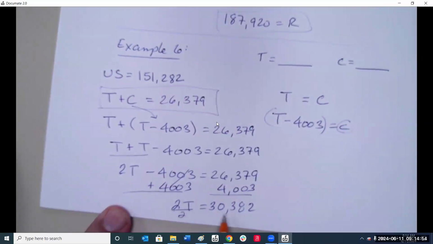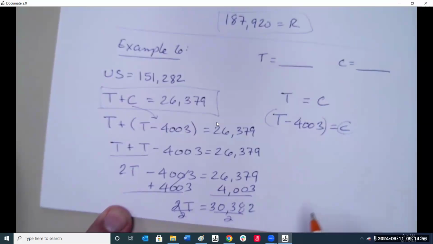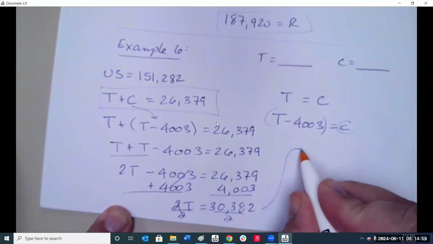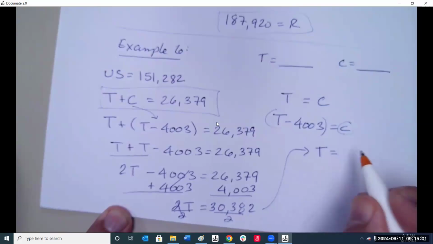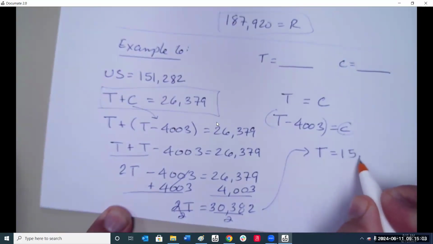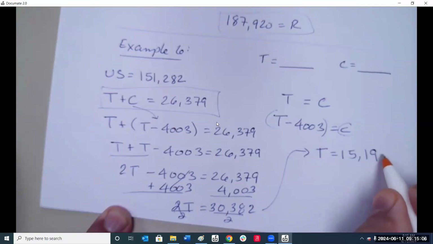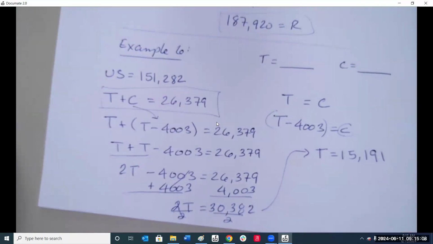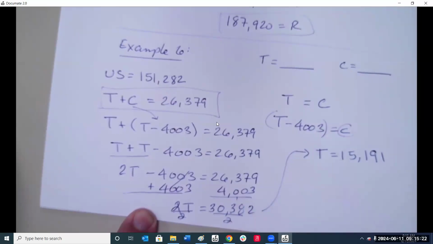Divide both sides by 2. So T is equal to 15,191. Try to get away from calculators. Use those as checkers. 2 goes into 30 how many times? 2 goes into 3 with 1 left over. 2 goes into 18 9 times, and 2 goes into 2.